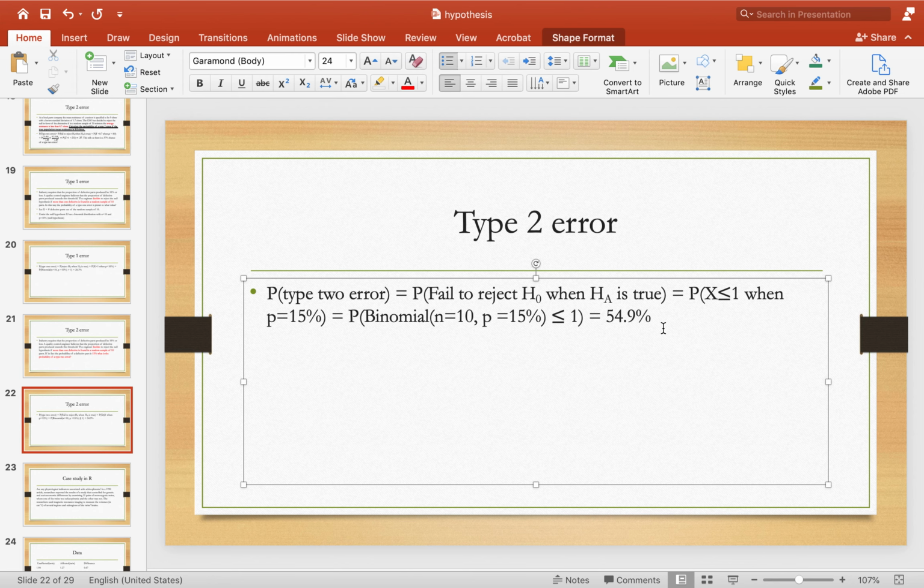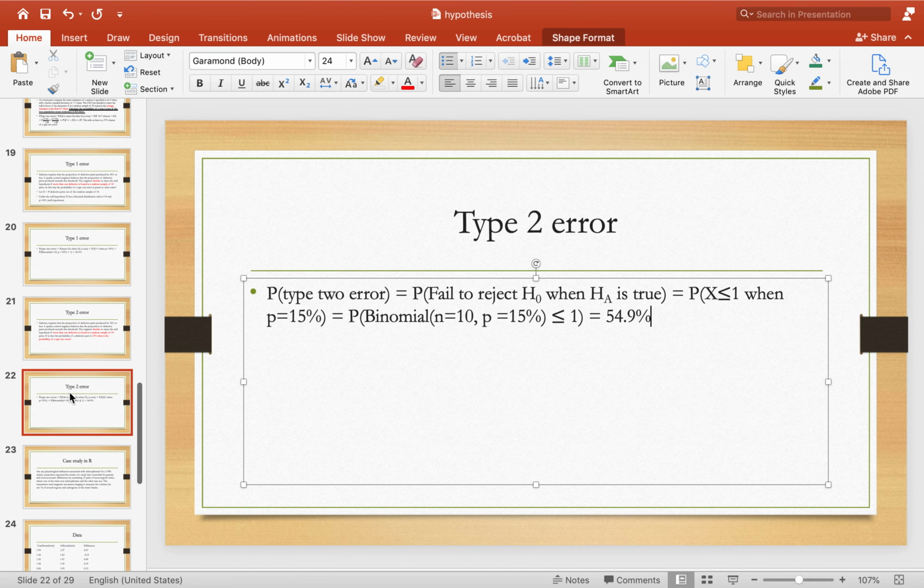And for practical significance, that means that we would fail to reject H0, meaning that we conclude that the proportion of defectives is 10%, when in fact it is 15%. That's pretty bad. So over half the time, you would be subject to this type 2 error with this decision rule.